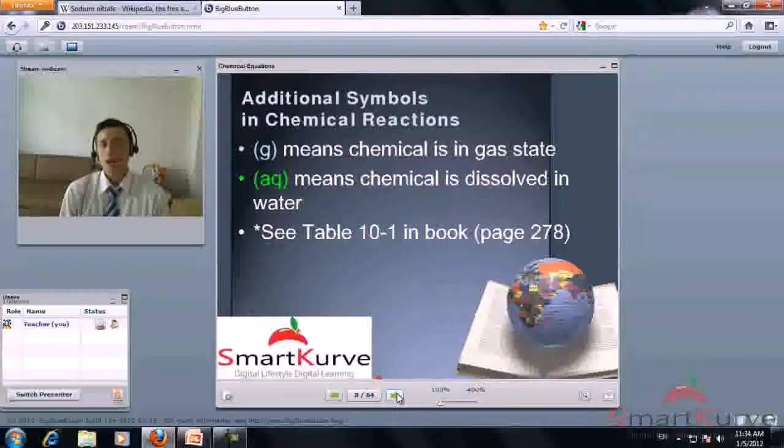This is actually very common to see in chemical reactions because there are many different chemicals that dissolve in water. If you remember from our lesson on the periodic table, water is the universal solvent. And there's a reference in the book there that you can check out.